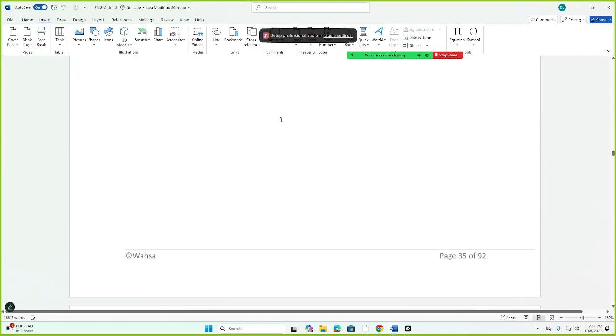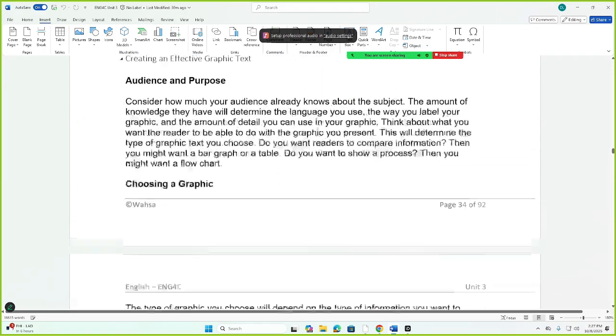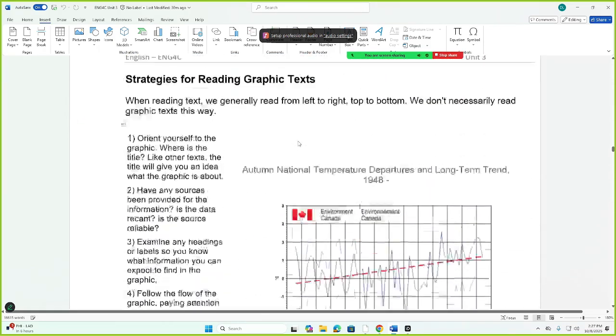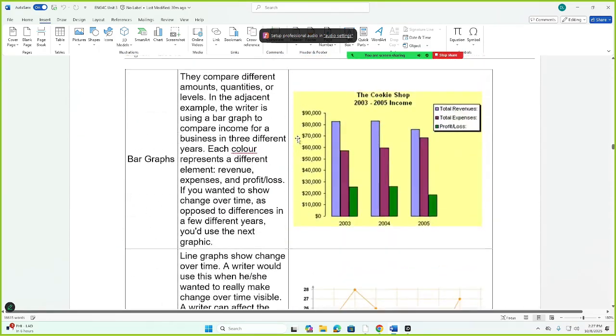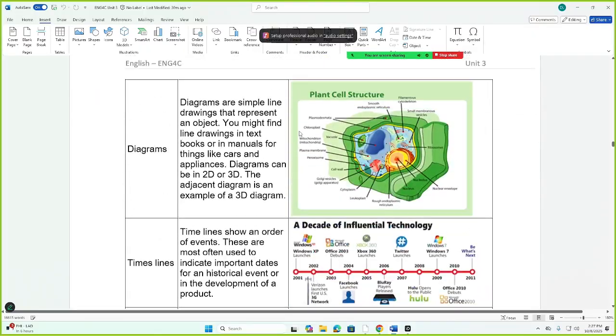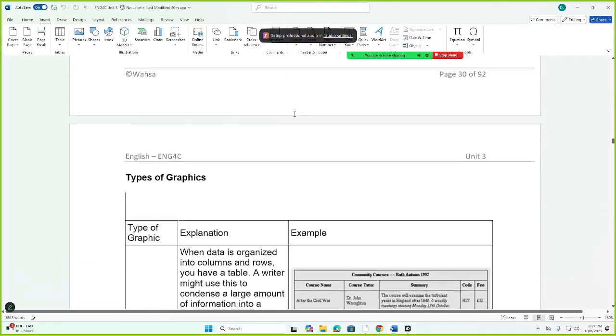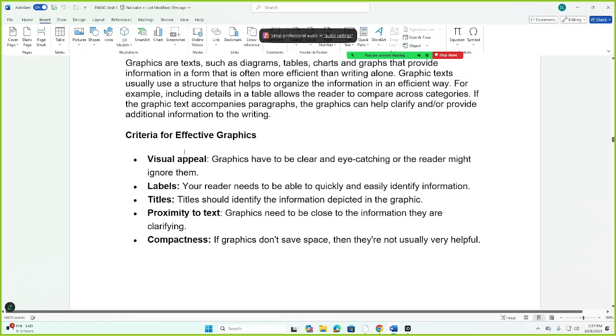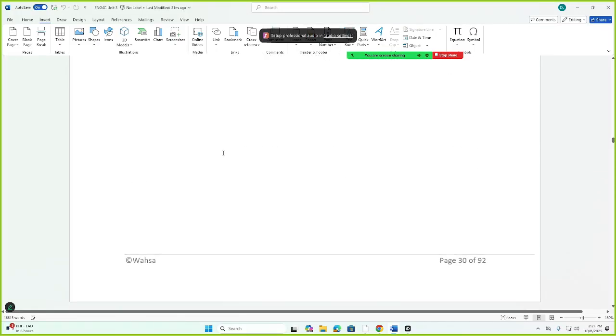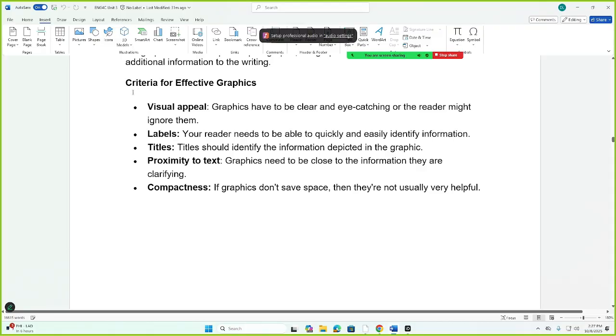Okay, so just reviewing here, scrolling back up to where these criteria for effective graphics are on page 30. Right here: visual appeal, labels, titles, proximity to the text, and compactness.